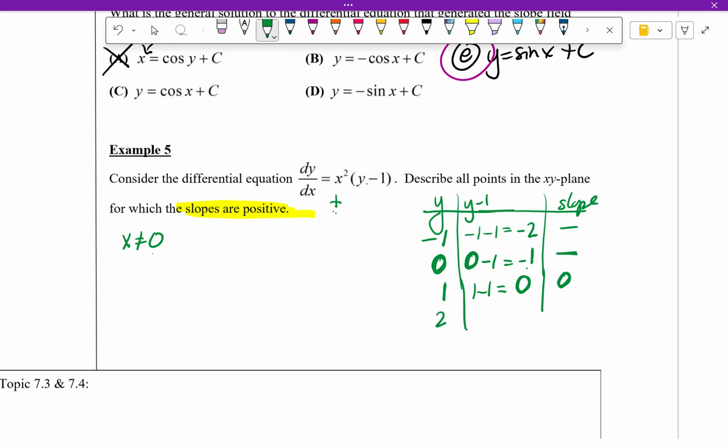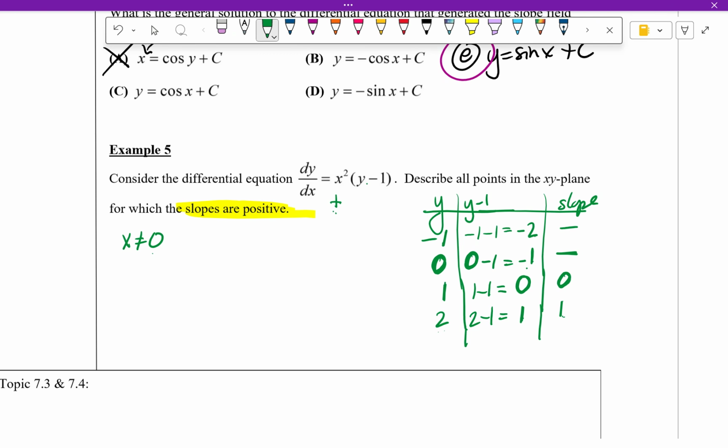Okay, so I'm going to put in a 2. If I do that, I get 2 minus 1, which is 1. So that's positive. So I know that if I'm 2 or bigger, I am positive, and I'm going to say something false actually. I just said that that's false.